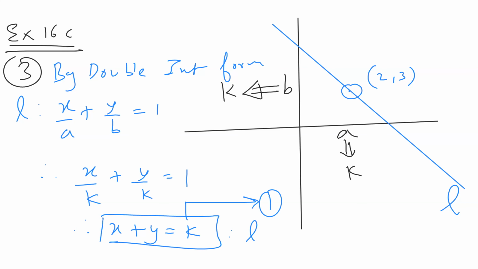Now since 2 comma 3 lies on line L, we can put x value as 2, y value as 3 in equation number 1.